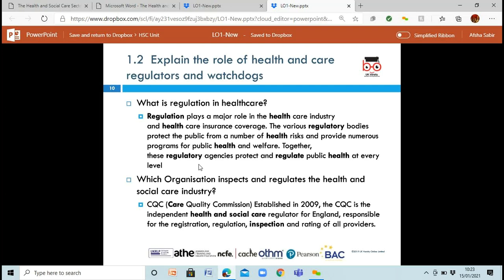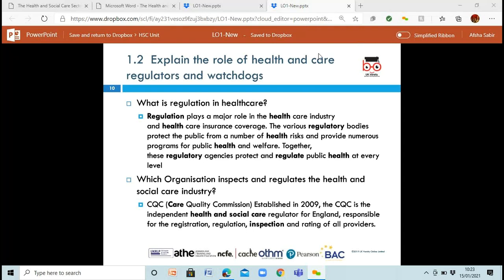Can I ask, is everybody aware of what regulation actually means? I think these are laid down rules and principles guiding a particular sector. Yes. You're perfectly right.